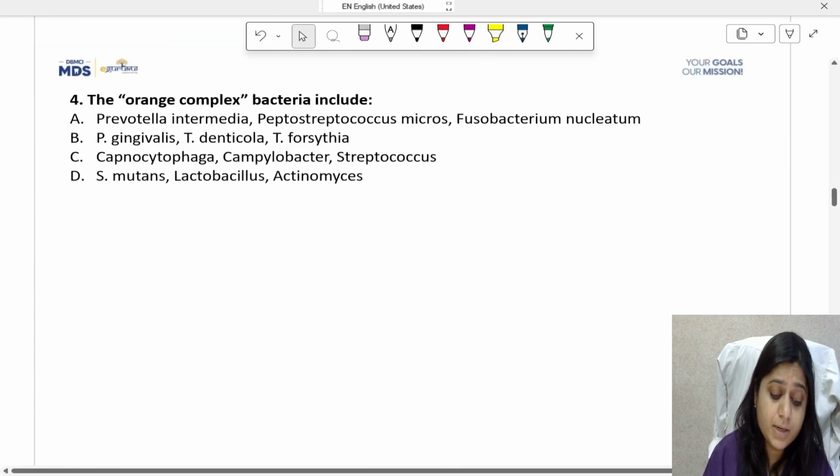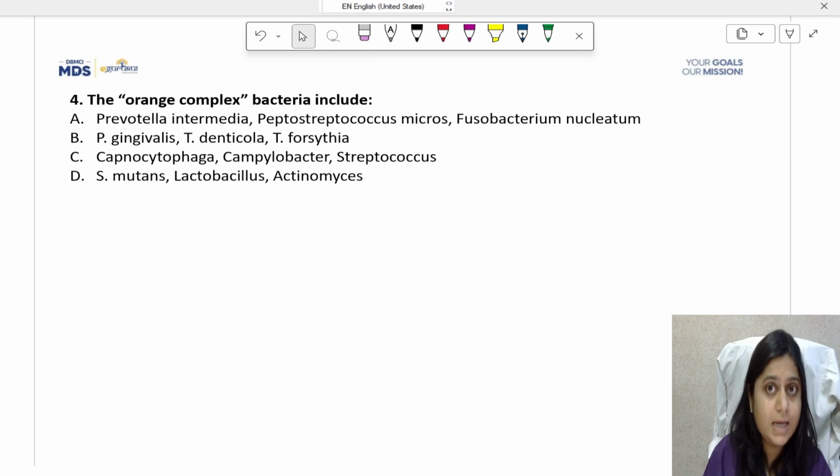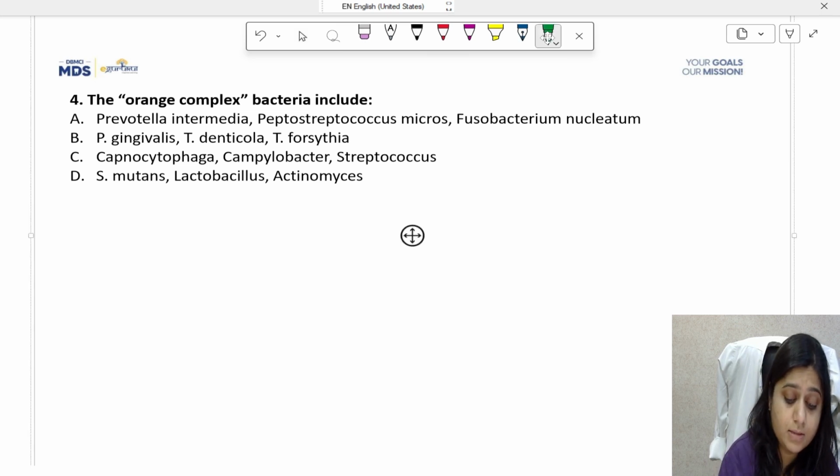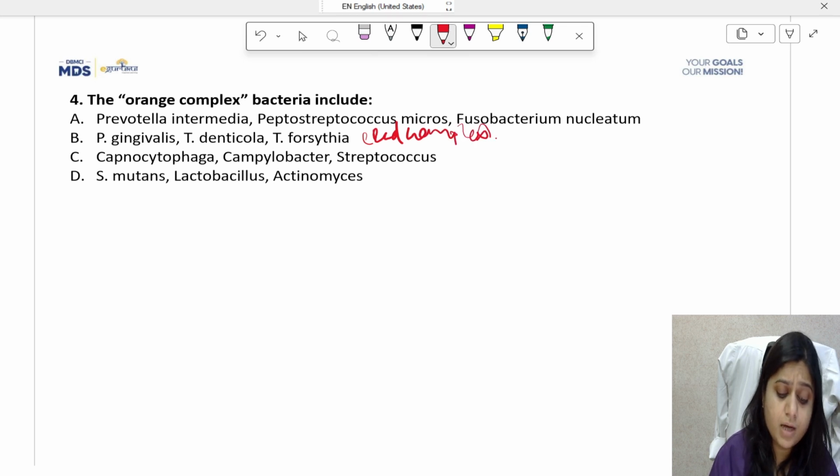Now the next question. The orange complex bacteria includes option A, Prevotella intermedia, Streptococcus, and Fusobacterium nucleatum. Option B is P. gingivalis, Treponema denticola, and Tannerella forsythia. This is the red complex. Option C is Capnocytophaga, Campylobacter, and Streptococcus.